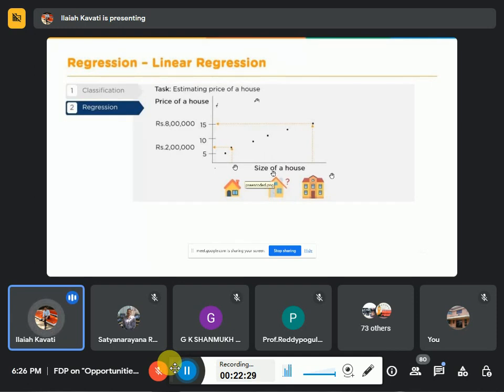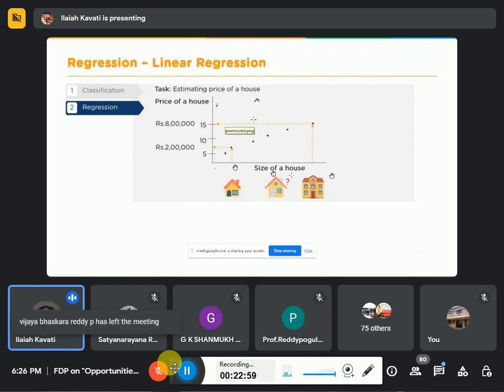If you want to consider the area, meaning the location, etc., then in that case we need to use multiple regression. Here this is linear because y is linear with x. In some cases y may not be linear, it may be non-linear, and in that case we'll use a non-linear regression model.